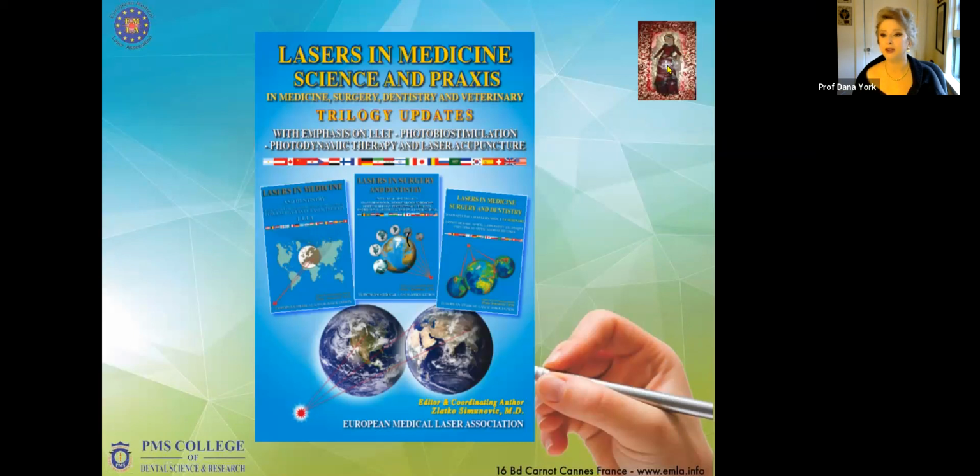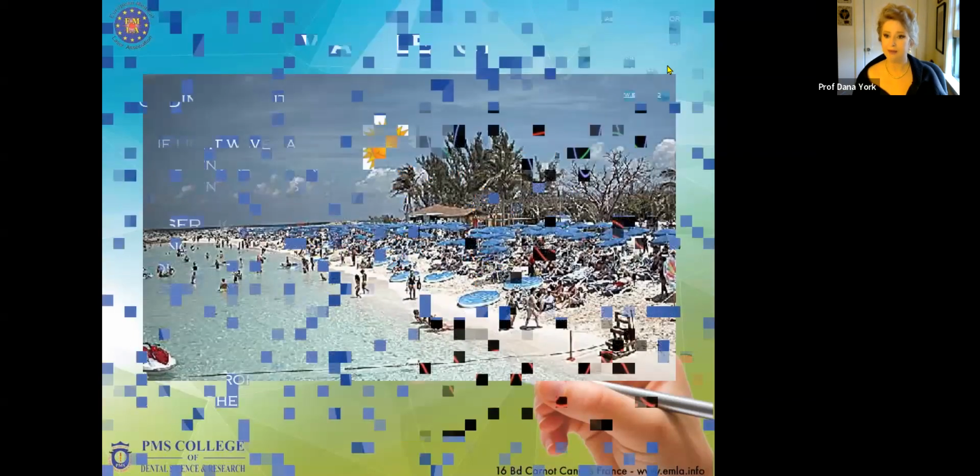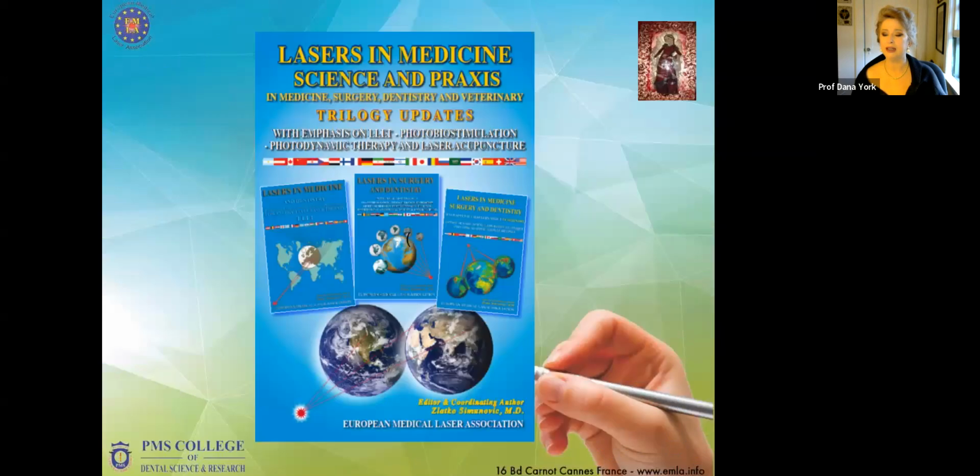Here in the corner, you will see Saint Apollonia, the saint protector of barbers, surgeons, and dentists, because in the 1600s, it was only one.